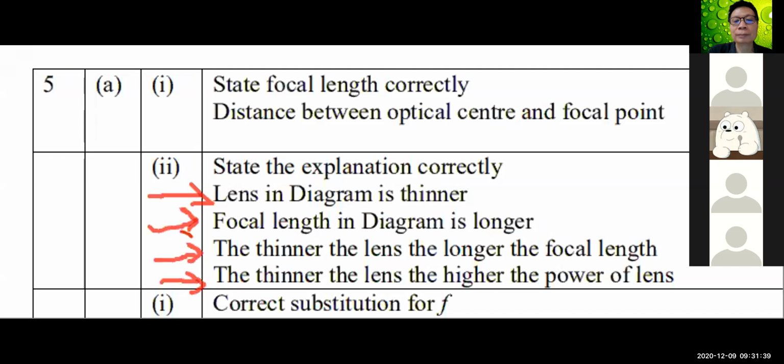A. Change it. Han Ji, you have given 2 already, another 3 and 4 answer.